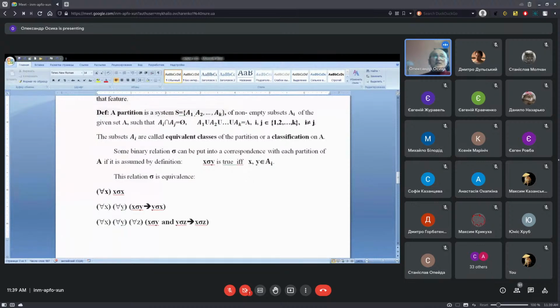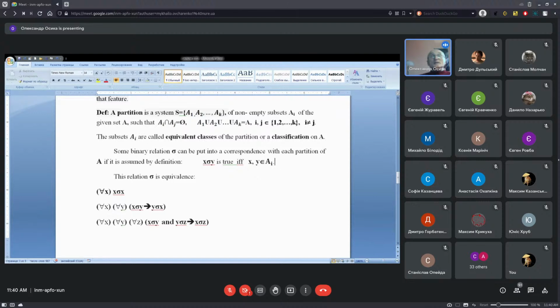And for every X, Y, and Z, if X and Y are in one of these subsets, and Y and Z are in the same subset, then X and Z are in the same subset. So if we have such a system of subsets of A that satisfy these conditions, then it is a partition of elements of A into subsets or into classes of equivalence.